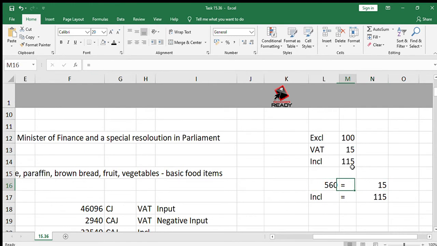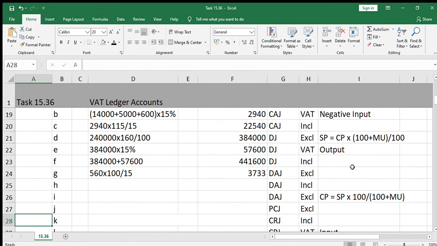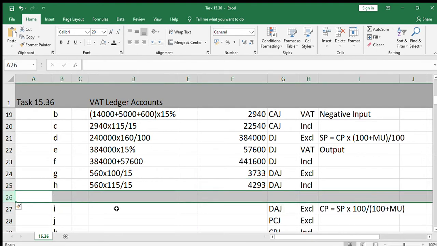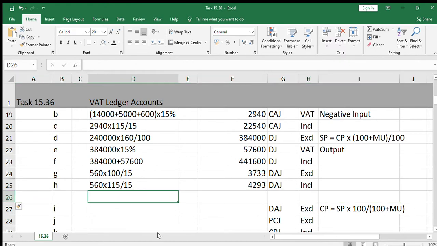We'll say 560 times 115 divided by 15. So that's one way of doing it. 560 times 115 over 15, which gives us 4293. Alternatively, you could have said 3733, which we calculated in G, plus the VAT amount of 560, which would have also given you the same answer.